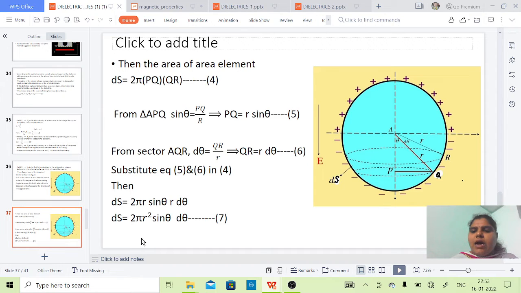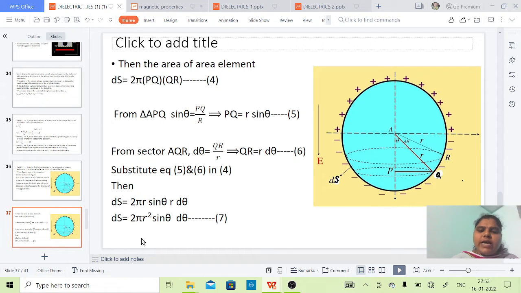PQ by R, where R is the radius, so PQ equals R sine theta, that is, small r sine theta. Sine theta is opposite by hypotenuse: AQ is the hypotenuse, and PQ is the opposite side.